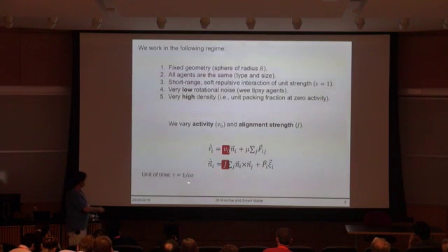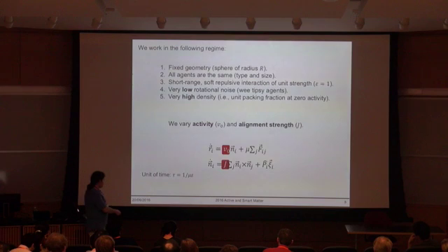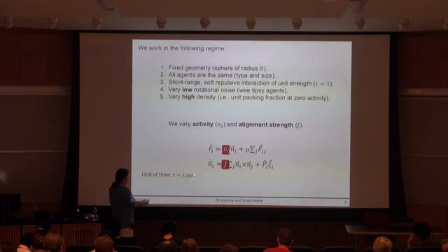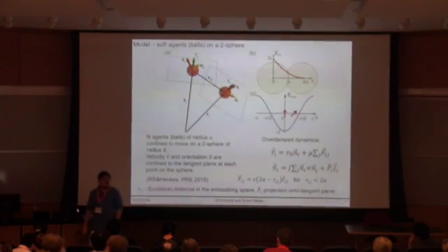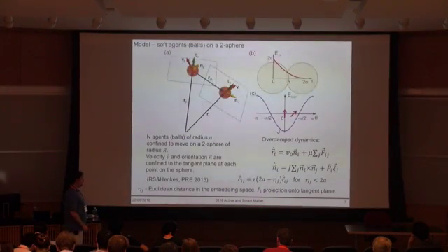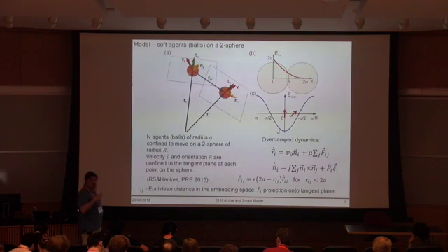So for future reference, the unit of time is the friction coefficient divided by epsilon, where epsilon is the strength of the repulsion between the particles, and this mu is the mobility, which is 1 over gamma in Navier-Stokes, the 1 over the friction coefficient.